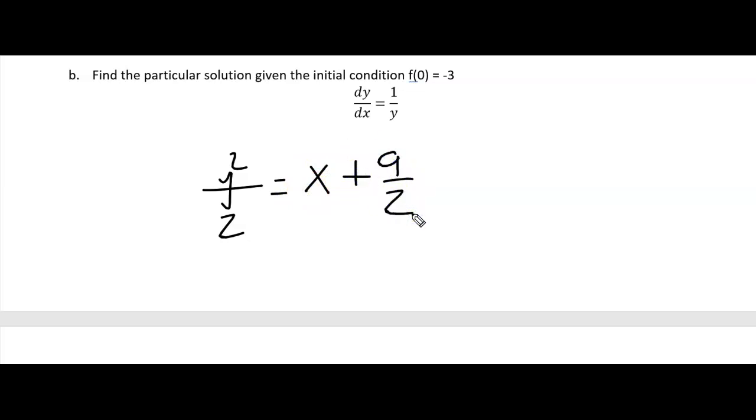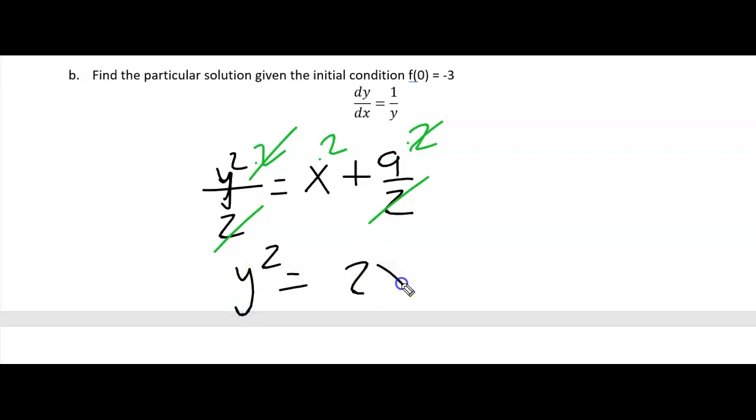All right. Now we want to get our last point, which is getting the y by itself. So I'm going to multiply everything by 2 first. The 2's cancel here, the 2's cancel here, and we are going to be left with y squared equals 2x plus 9. And the next thing I'm going to do is I'm going to take a square root.